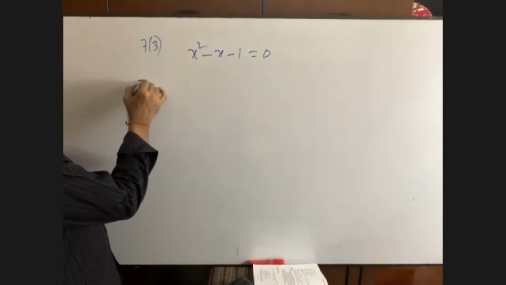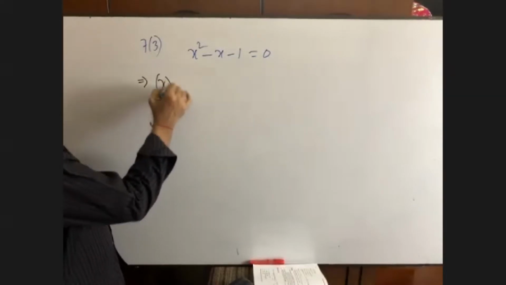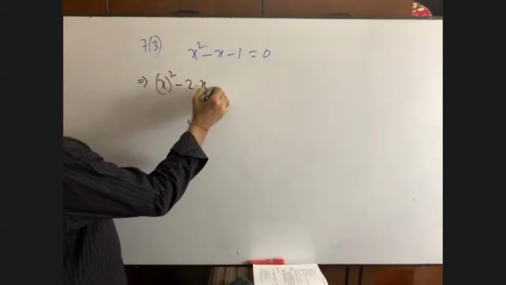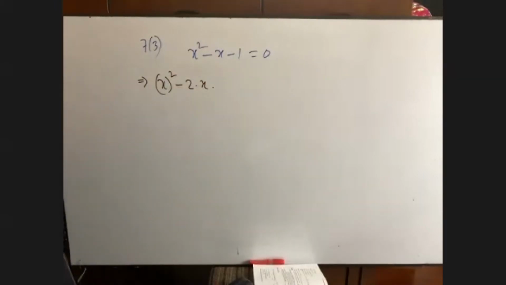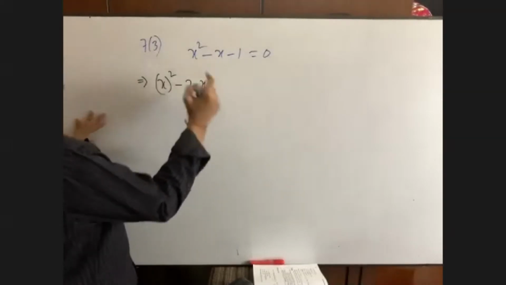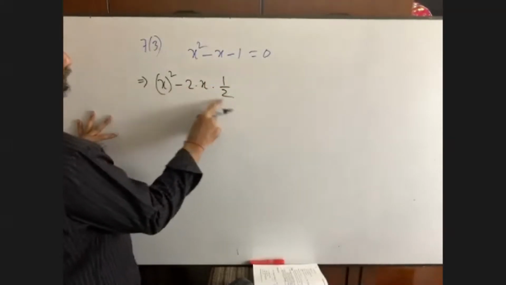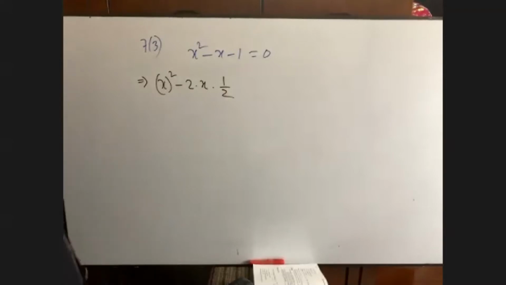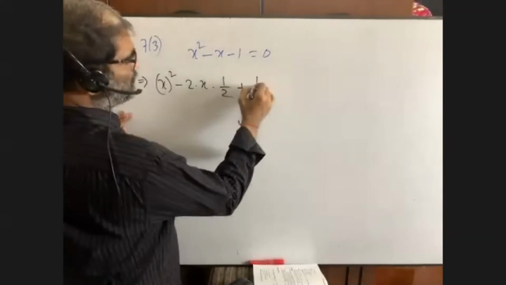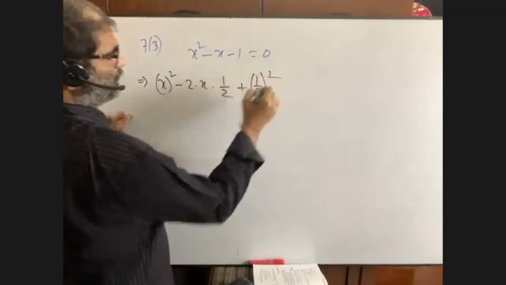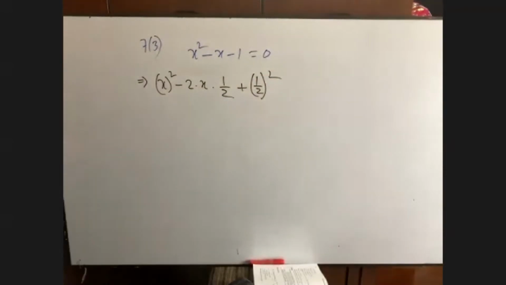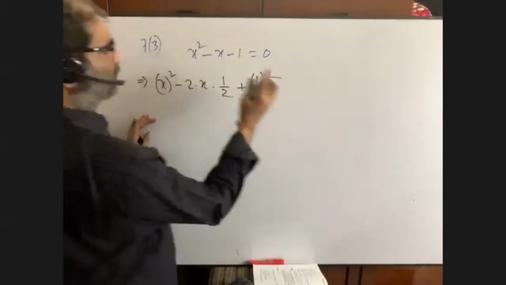From here, we can write down a square minus 2ab. What should be b here? Half. 2 will be omitted, then we will be left with x, plus b whole square. But we see it is minus 1.